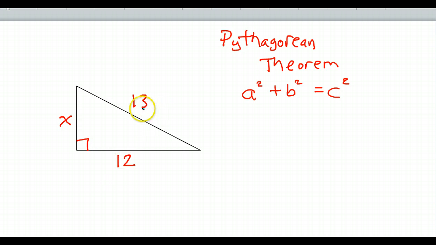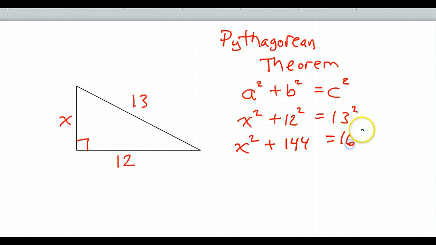So in this case, if I have x and 12 and 13 and I want to know what the missing side is, I would say x squared plus 12 squared should equal 13 squared. That means x squared plus 144 should equal 169.